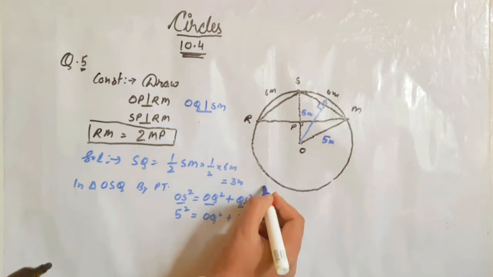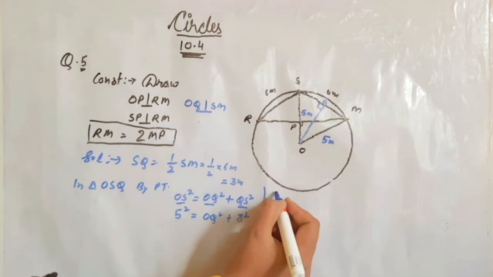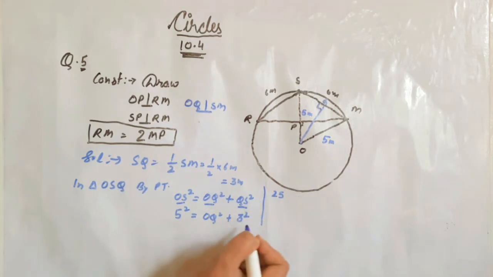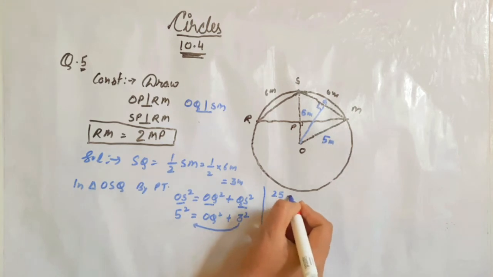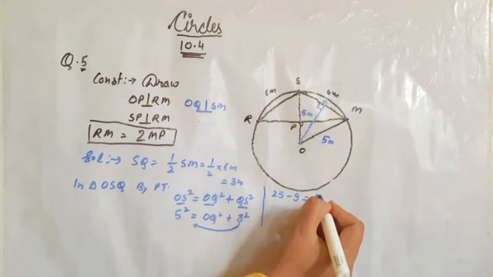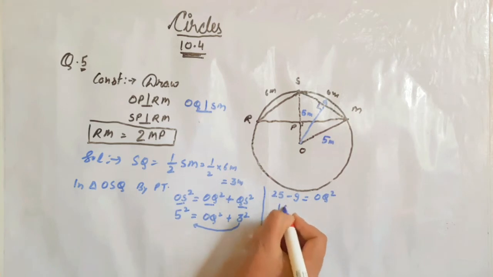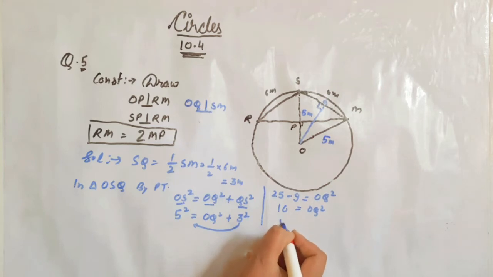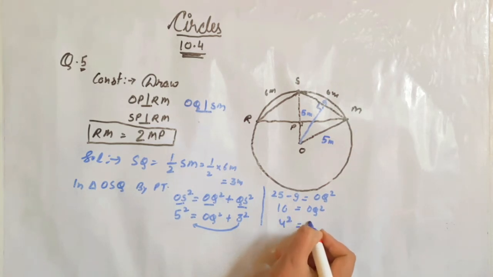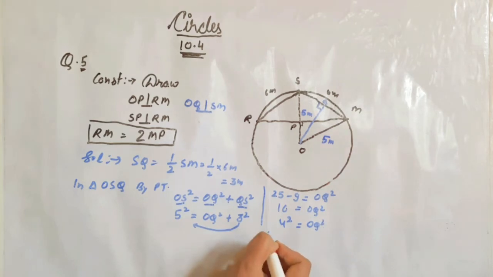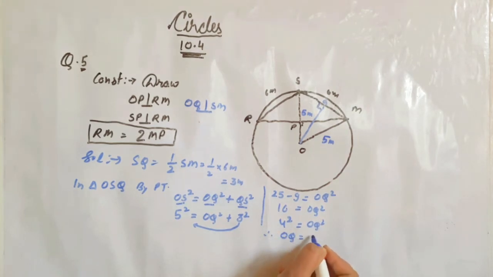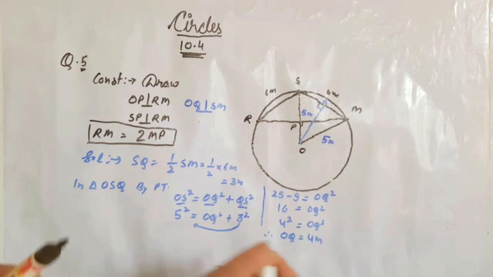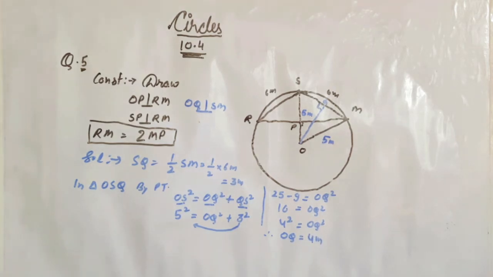So 25, bring 3 square to the left side, minus 9 equals OQ square. 16 is equal to OQ square, and 16 is 4 square. Therefore OQ will be equal to 4 meter. Now we have to use the concept of area to find the length PM, because PM is also perpendicular.